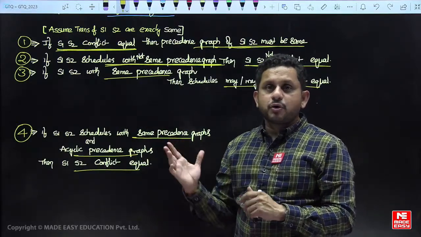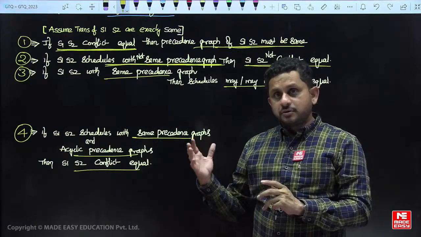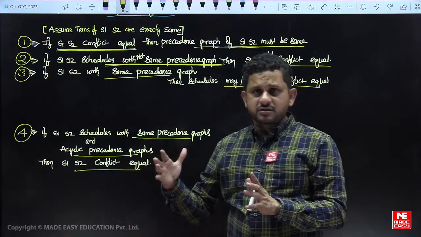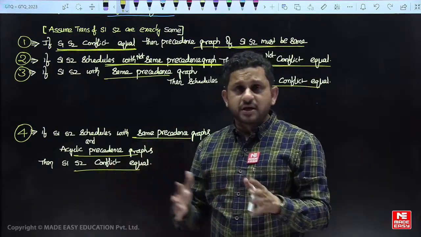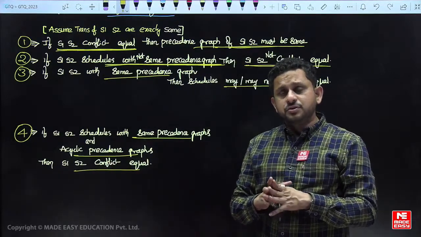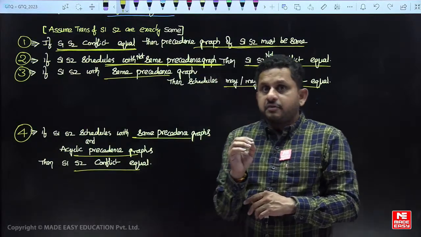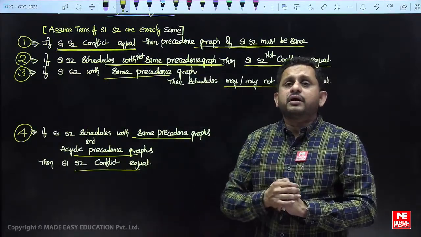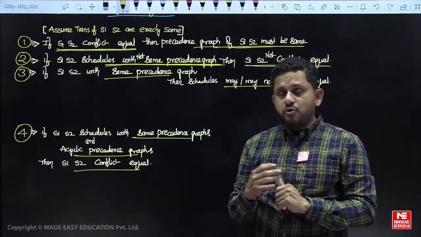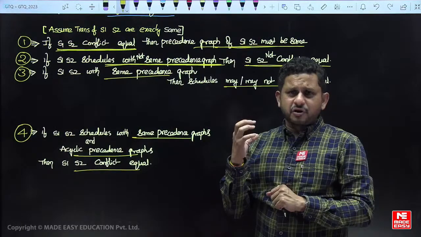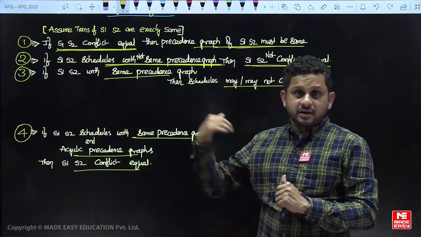DBMS is one of the best subjects from the GATE point of view. Usually 7 to 9 marks are approximately asked from DBMS. If you properly study DBMS, you will be able to answer almost every question related to it, because generally there are no more twists and complications in the DBMS subject in the GATE examination.